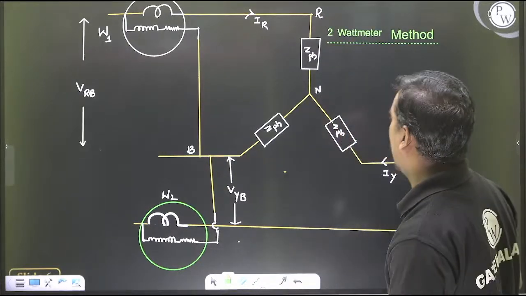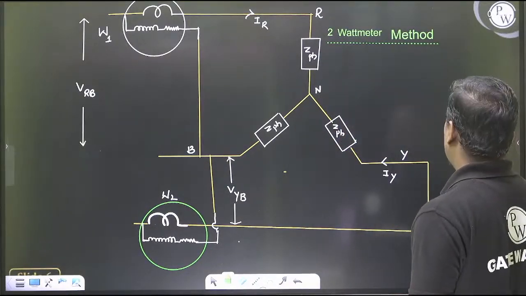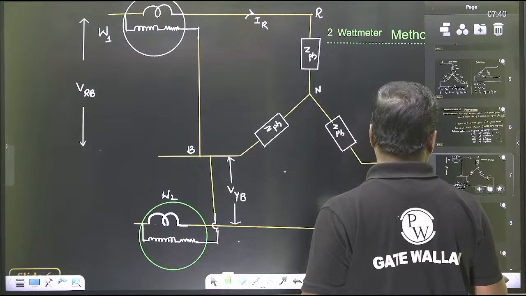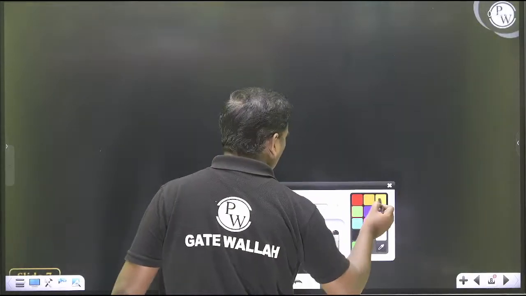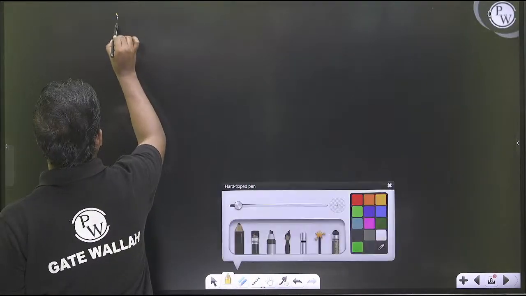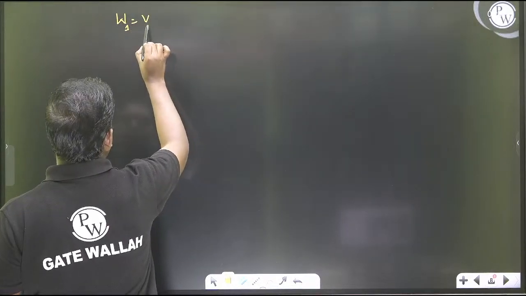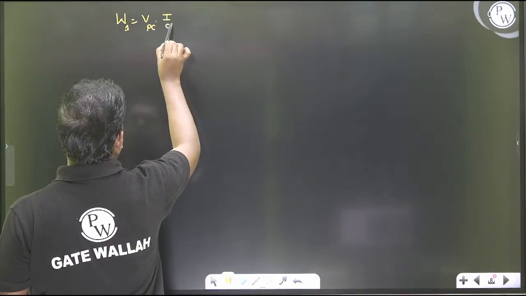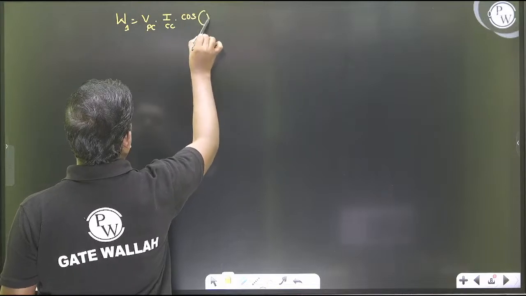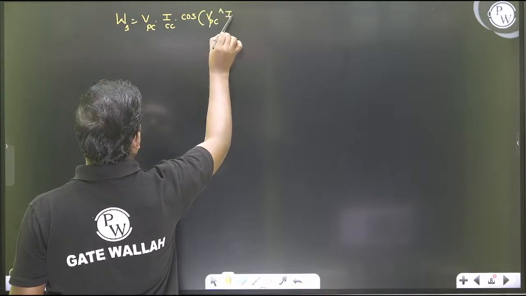Okay. So now let us see here. For W1, what are the expressions we need? W1, I can take voltage across the pressure coil, current coil, and cos of the angle between this VPC and ICC.